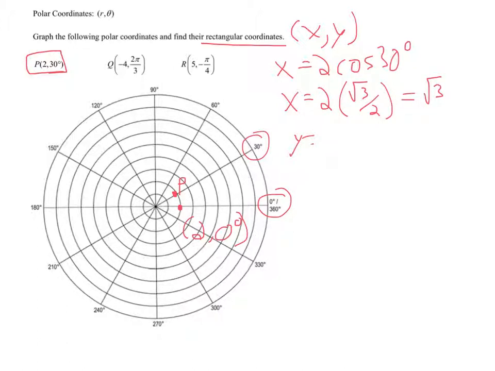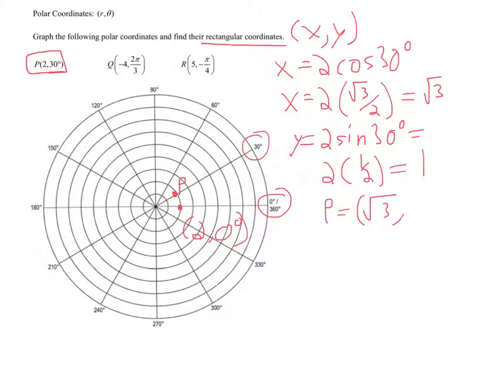Y is going to be 2 times the sine of theta, which is going to be 2 times 1/2, which is 1. So P is also root 3 comma 1 in our good old rectangular coordinates.